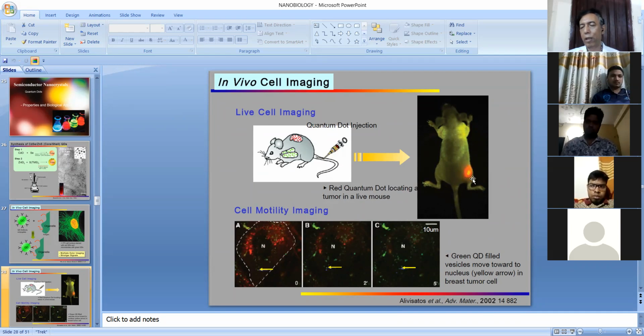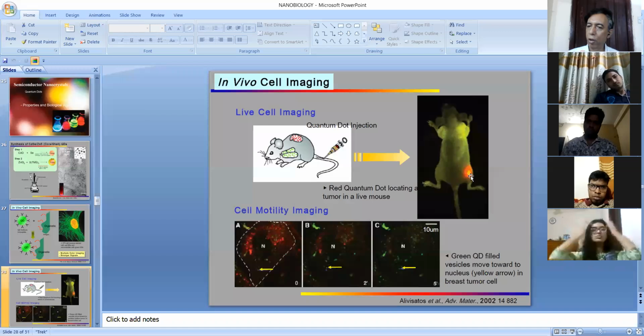That means from here light will be emitted, and this light will be detected by an imaging machine, and we can tell that there is some tumor here.